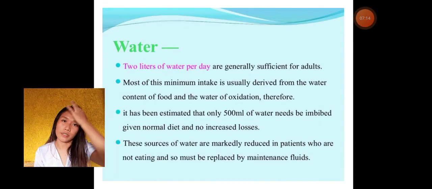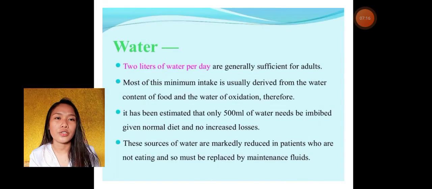Next is water. 2 liters of water per day are generally sufficient for adults. Most of this minimum intake is usually derived from the water content of food and the water of oxidation. Therefore, it has been estimated that only 500 ml of water needs to be imbibed given a normal diet and no increased losses.